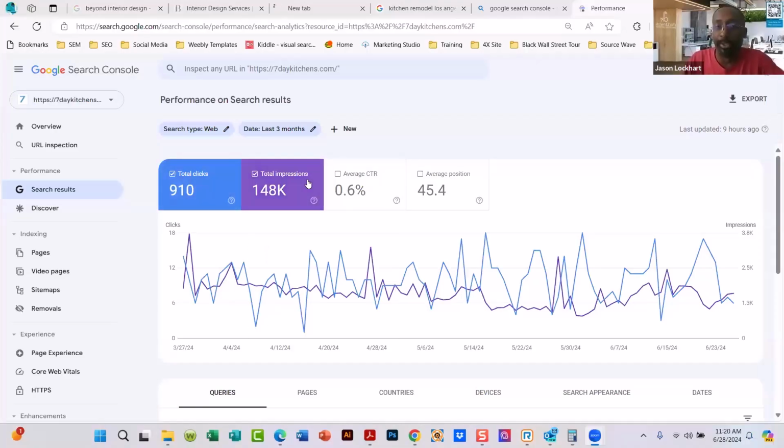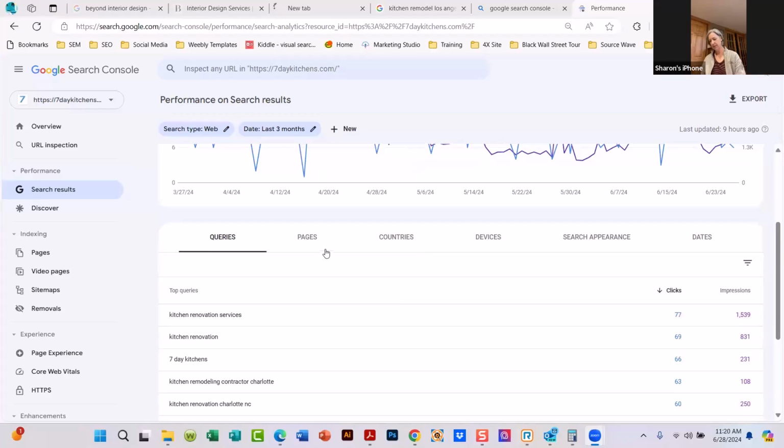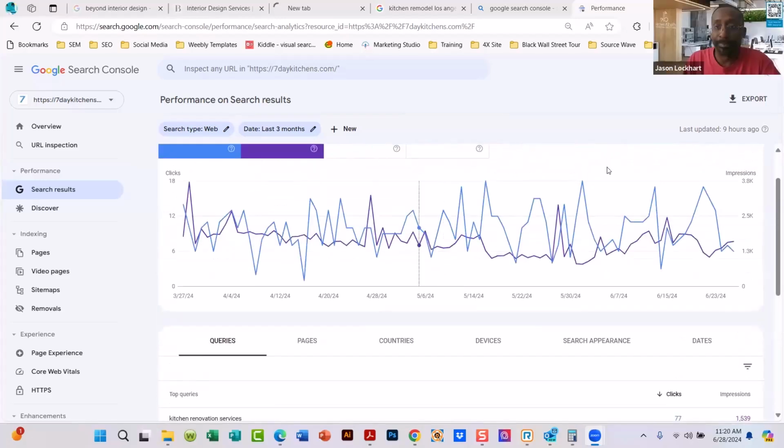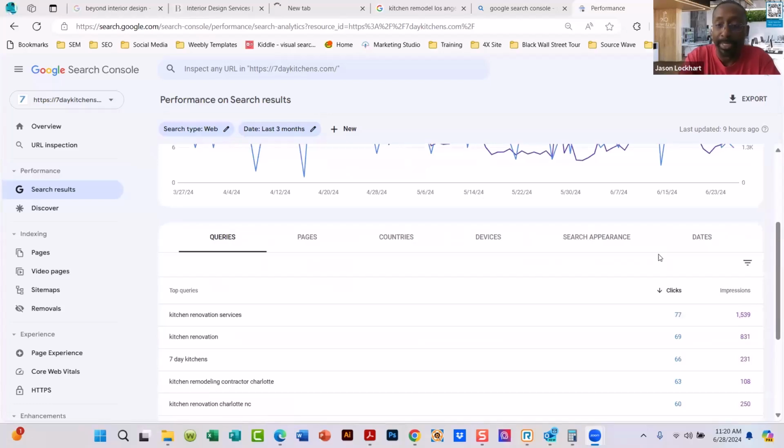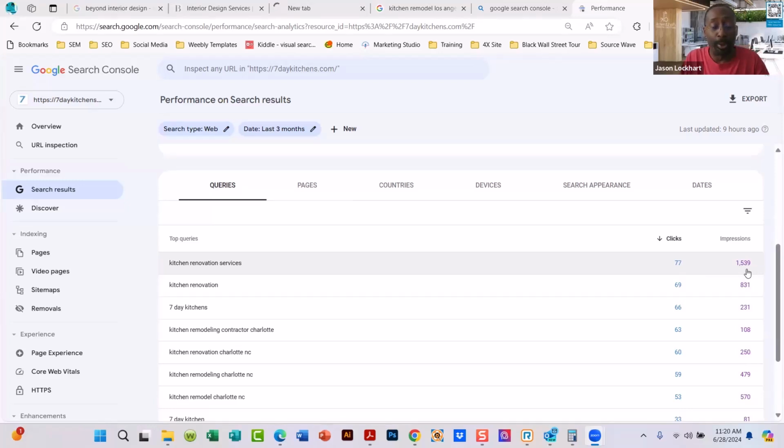So if you remember, under Search Console, you want to have it under the search results. And when they have the queries, that's the same thing as saying keyword. So you can easily look here and see the queries, what the keywords are, what the clicks are, what the impressions are.